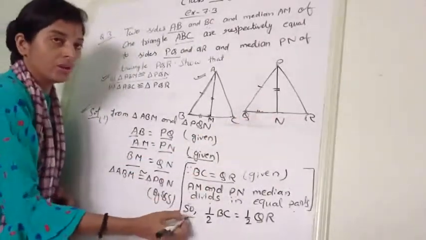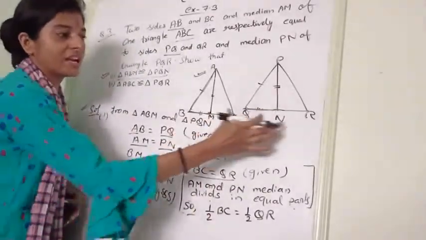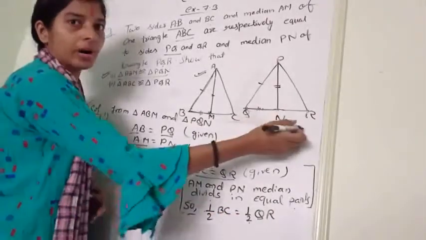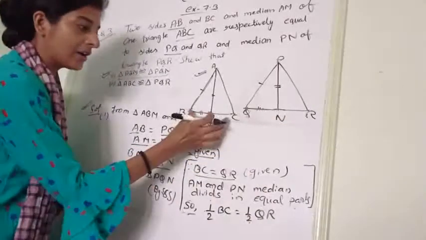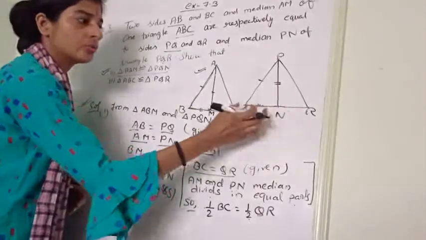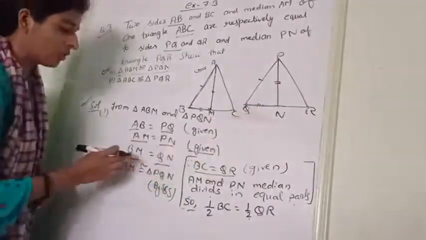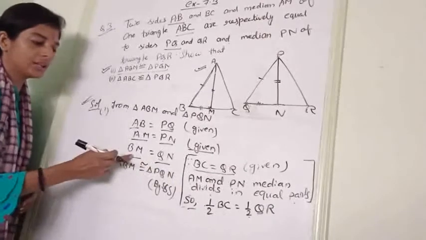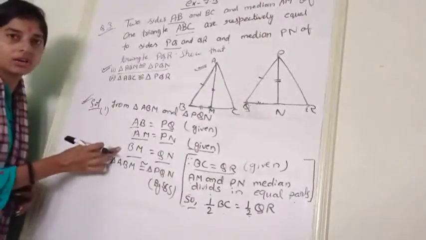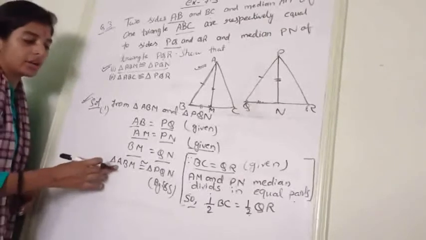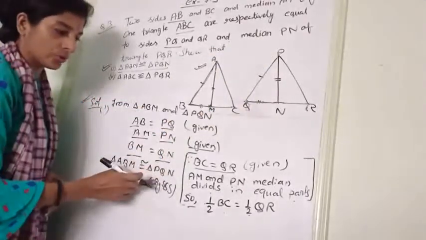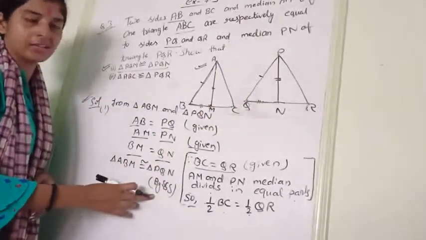Because BC and QR are equal, half of BC is equal to half of QR. Half of BC is BM, and half of QR is QN. So BM is equal to QN. So we have three conditions already. Now we can write that triangles ABM and PQN are congruent by the criteria SSS.